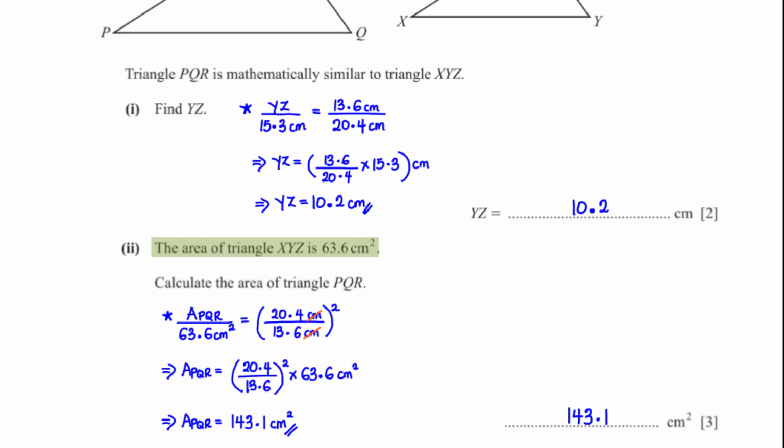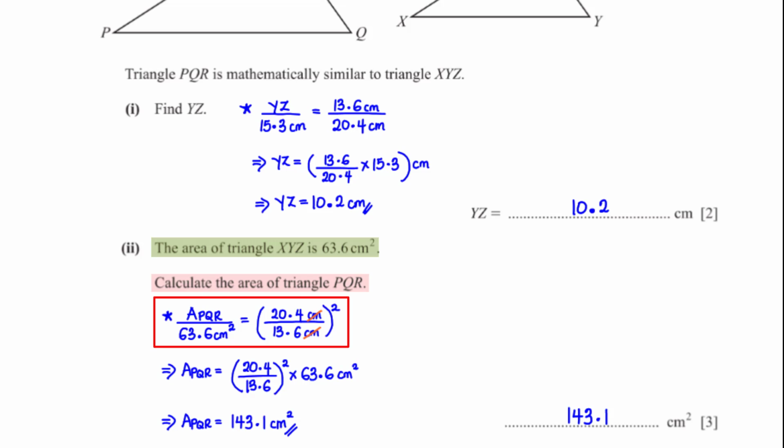The area of triangle XYZ is 63.6 centimeters squared. Calculate the area of triangle PQR. For similar shapes, the ratio of their areas must be equal to the square of the ratio of their side lengths.